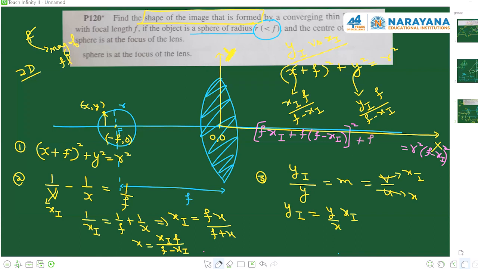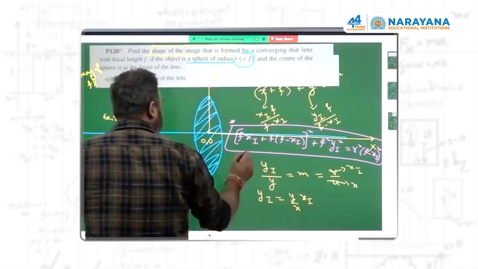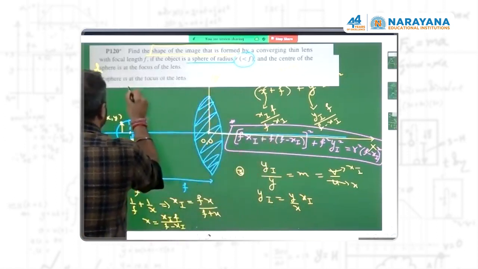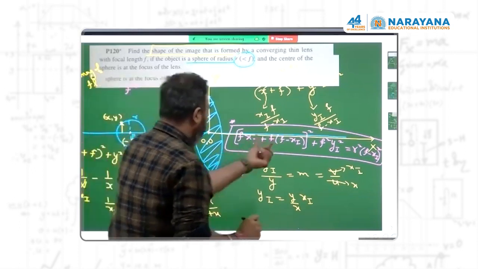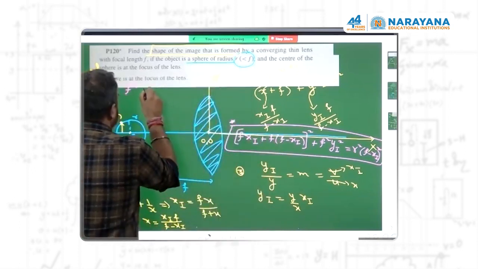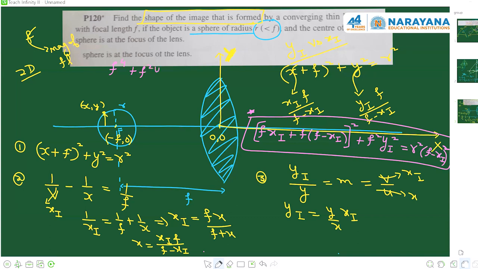That is, I suppose, f square y image square. Now just focus on this equation. This will help you out in finding out the locus of image. What that comes out as, I'll just try to write it. It is f raised to the power 4, this term here, this box, plus f square y image square, and that is r square into xi minus f, this quantity, the whole square. That is what we are. And now if you just try to compile this properly, you will get your equation.